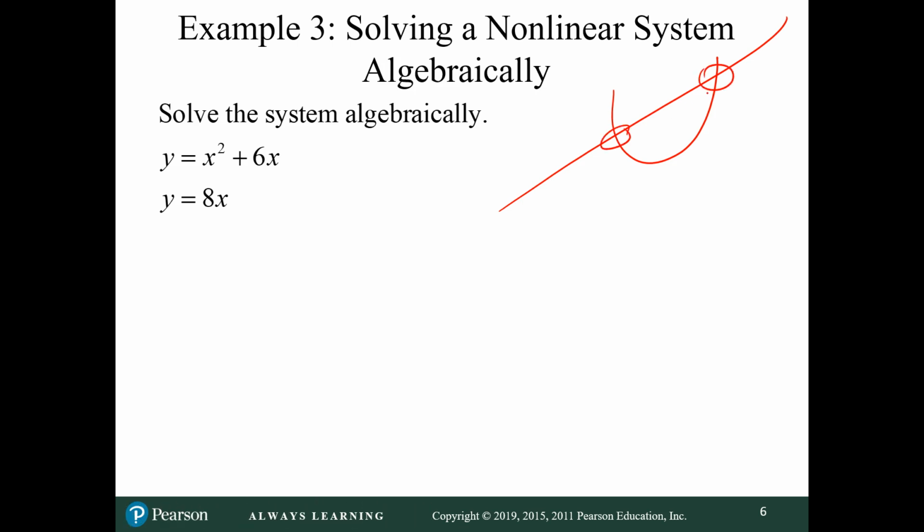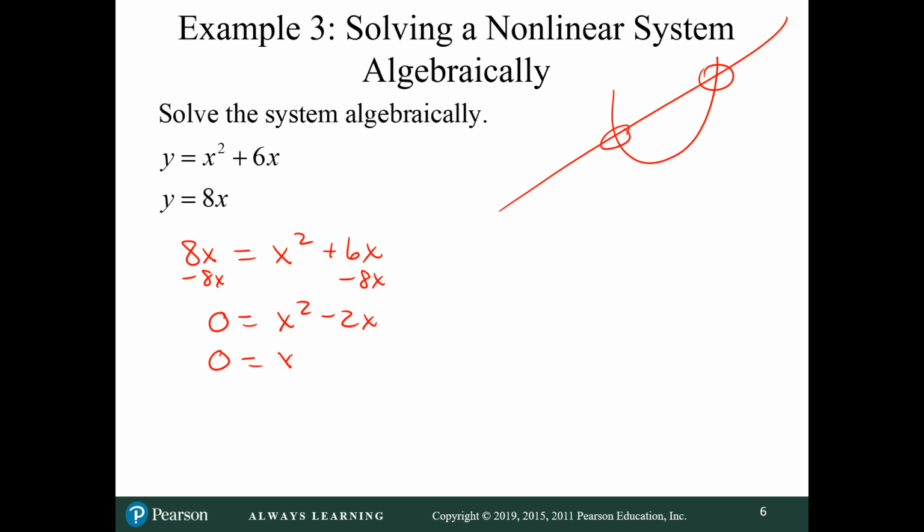So most of the time in these, I'll have 2 answers. Okay. So how do you do this? I'm going to do substitution again. I'm going to set 8x equal to x squared plus 6x. Well, I can just subtract 8x from both sides. So 0 equals x squared minus 2x.